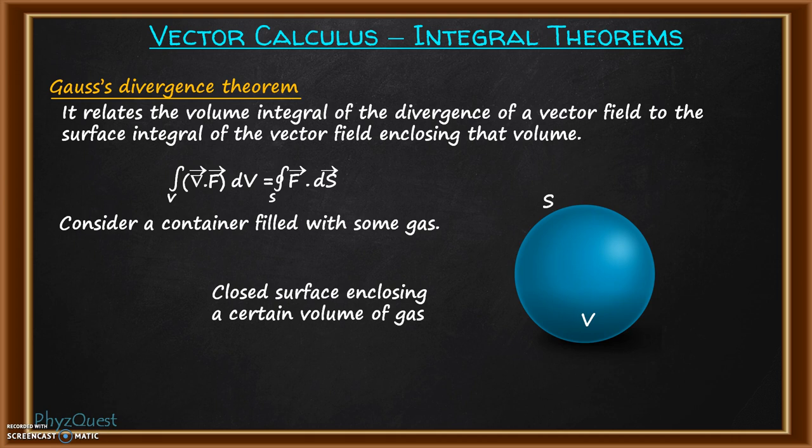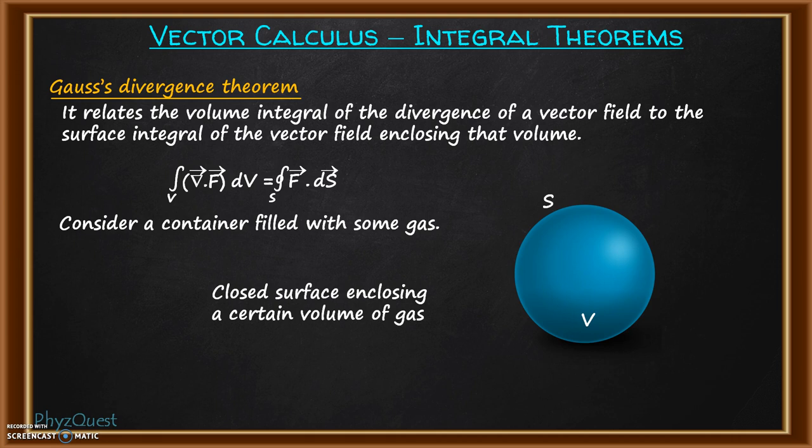When the gas is entering the container and the container is completely filled, further filling will create an excess pressure within the container, and the container will try to expand. Because of the excess gas, the excess gas will try to come out.